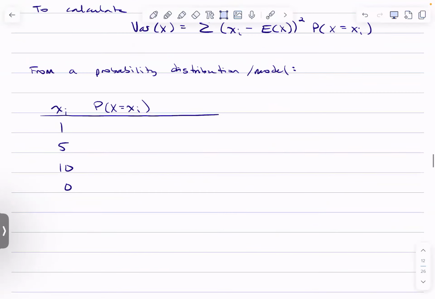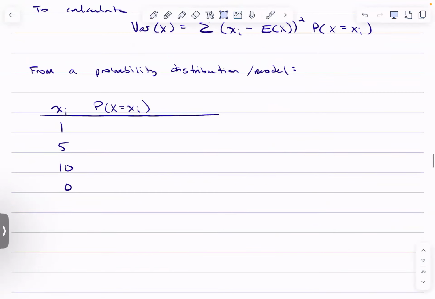And so now I look back here and I have 1 minus 0.81, which is 0.19. 5 minus 0.81 is 4.19. 10 minus 0.81 is 9.19.